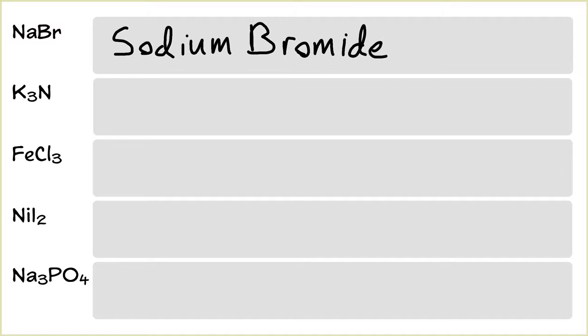Now, if you're thinking to yourself, that seems pretty easy, the answer to that is it's pretty easy. It's not that difficult. Okay, for the second one, the first element listed is potassium. So we write down potassium.